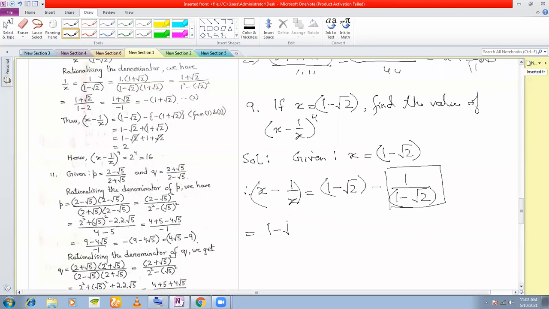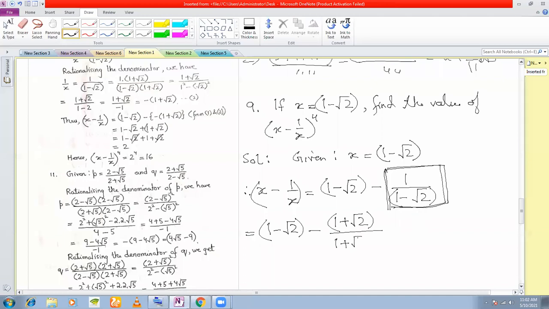So we have 1 minus root 2, put it within brackets, minus, and you rationalize the denominator of this part. So what should you multiply the denominator of this part by? You can multiply it by 1 plus root 2, which is your rationalizing factor. You multiply the numerator and denominator by 1 plus root 2.